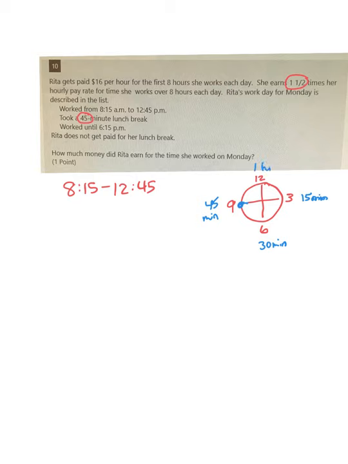This is 1 hour if you go around the clock. So we're starting at 12:45, and she's taking a 45-minute break. Each quarter is 15 minutes. That's 15, 30 minutes, 45 minutes. That's at 1:30. So she goes back to work at 1:30. And then she works until 6:15.